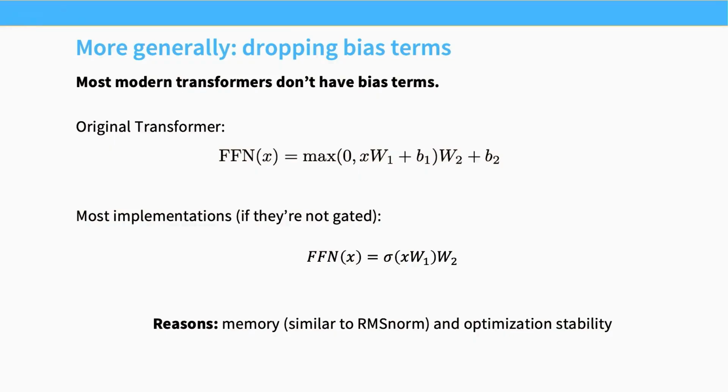Once again, this is another example of something that's not very arithmetically intense, but fairly memory intensive, relatively speaking. And so you might as well just drop these, right, and get the free systems win. There's also some cases, I'll just mention this offhand, where the bias terms can also induce stability issues. So they're useful in other ways. But really, I think the primary reason these are dropped is just to simplify things from the systems perspective.